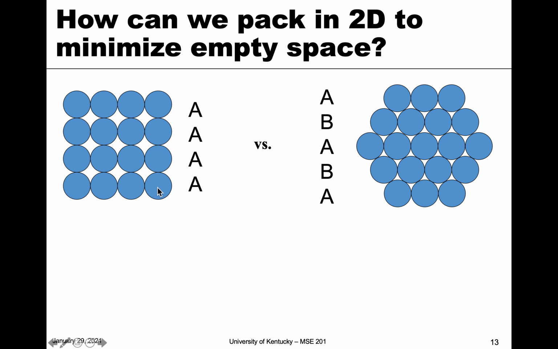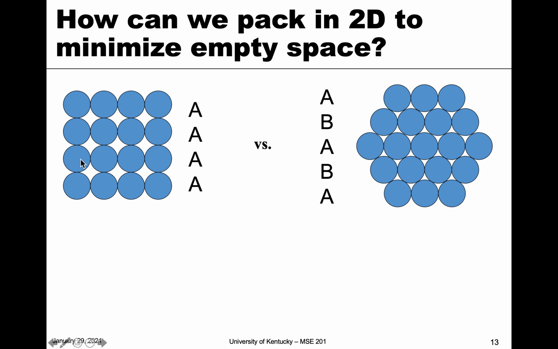So if we want to make a two-dimensional structure, then we have to have another row on top of it and another and another. And so where those rows are relative to the first row defines the packing, right? So in this case, we called this bottom row A, just to represent where the positions are. And if we do the same thing, we have another row and the circles are right on top of each other.